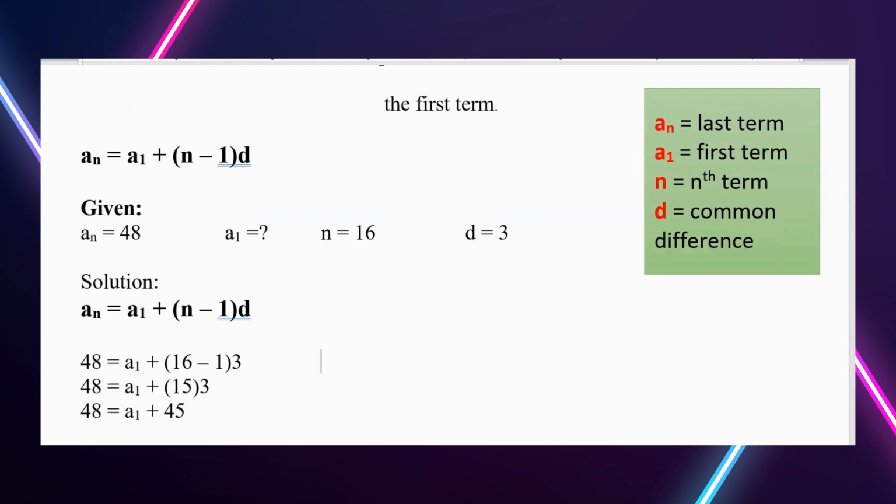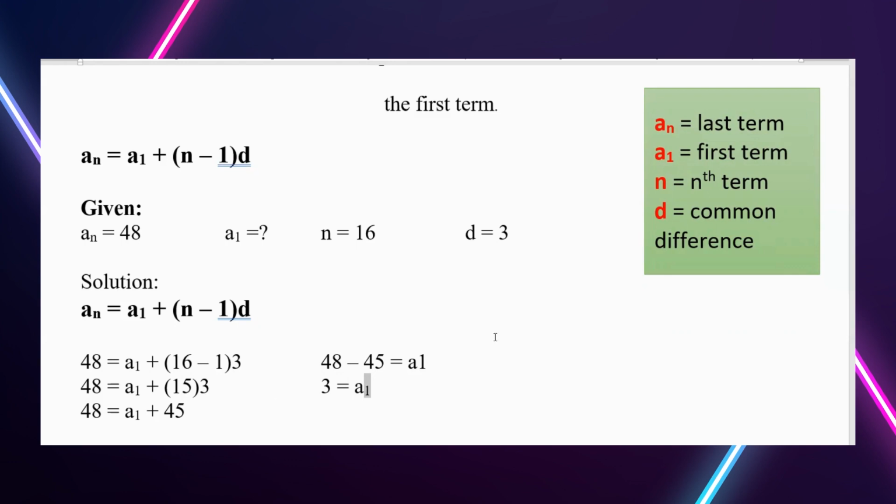Let us combine like terms. So we have 48 minus 45. From positive 45 it became negative 45, is equal to a sub 1. So therefore, 48 minus 45 is positive 3, is equal to a sub 1.